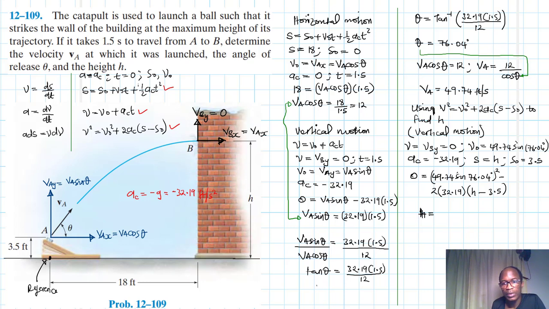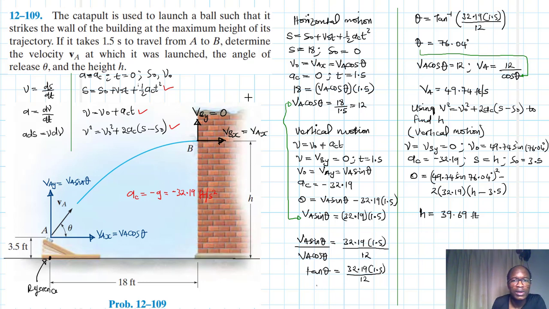Therefore my h is equal to 39.69 feet. I want to repeat this: 49.74 sine 76.04 squared, divided by 2 times 32.19, then plus 3.5, 39.69. So found the value of h.